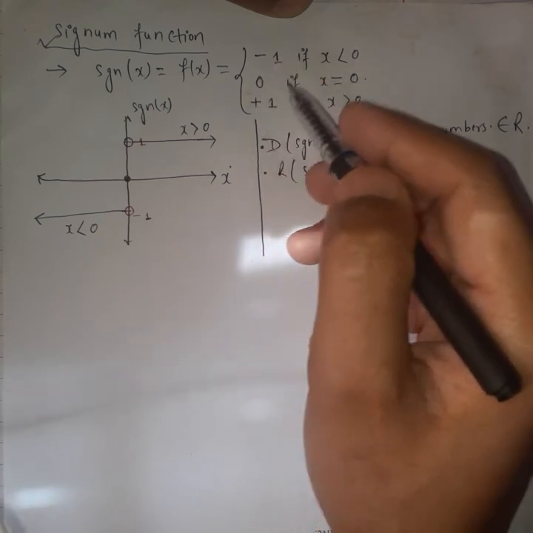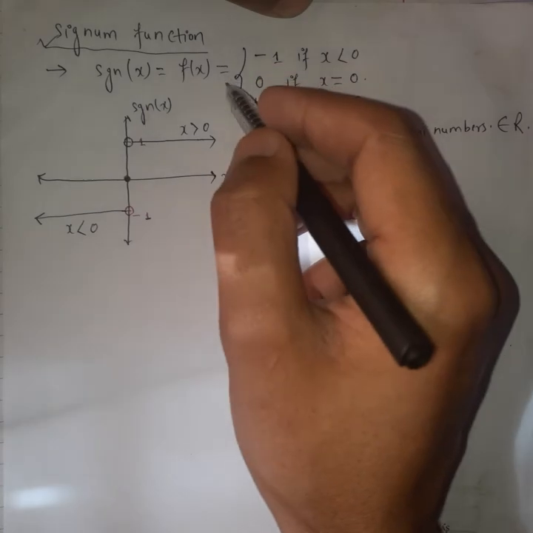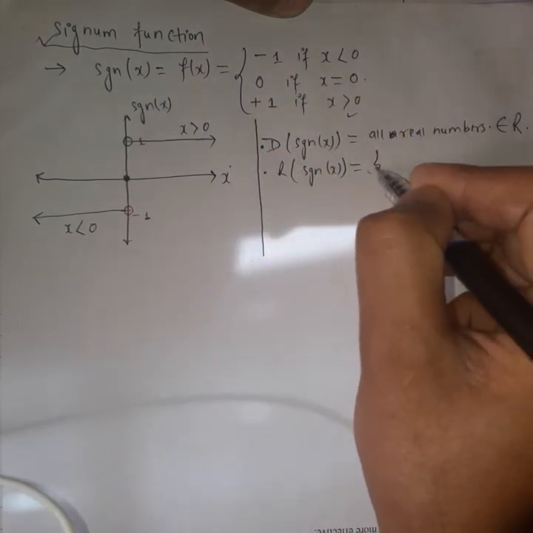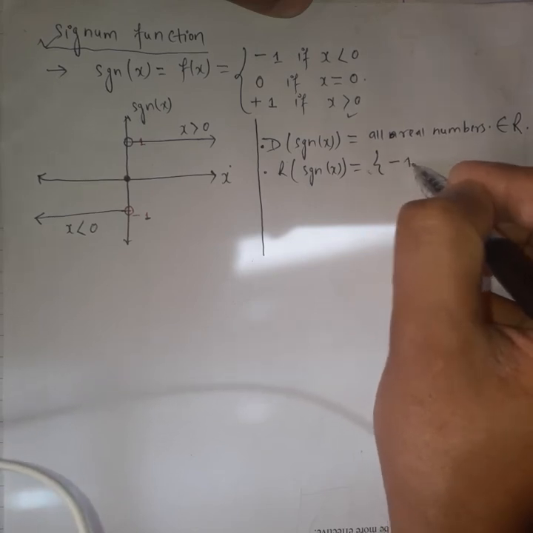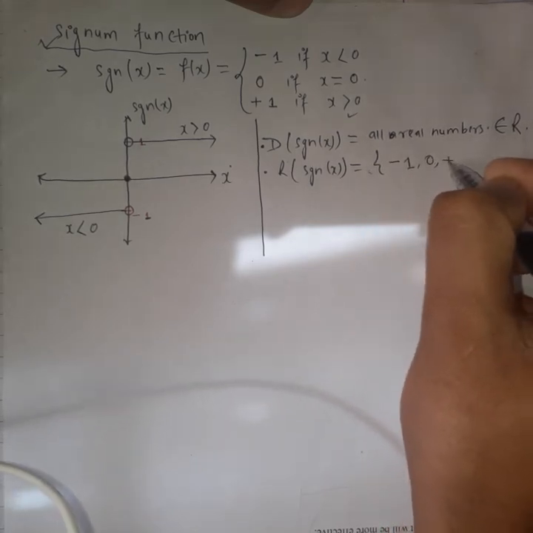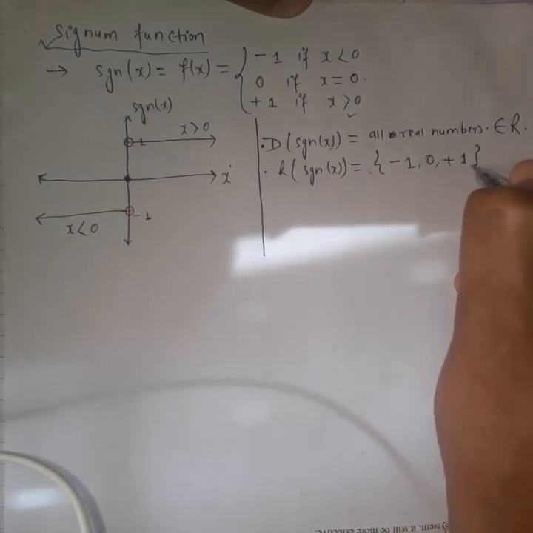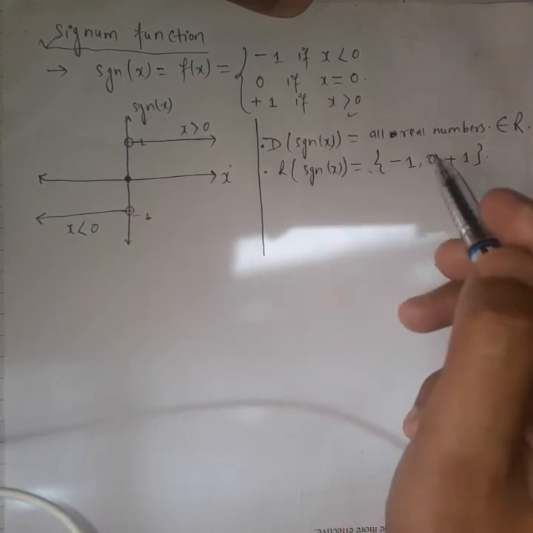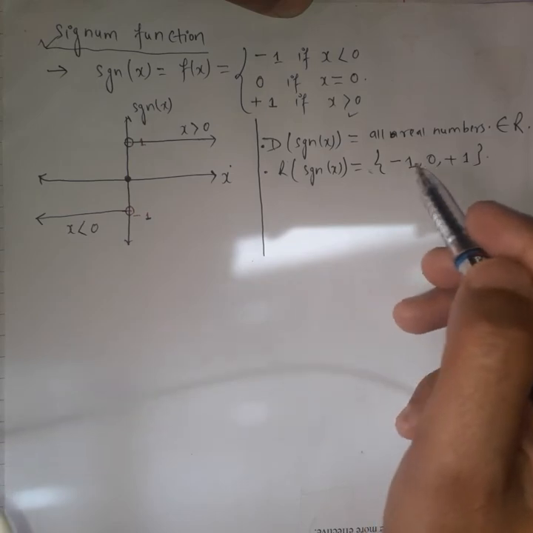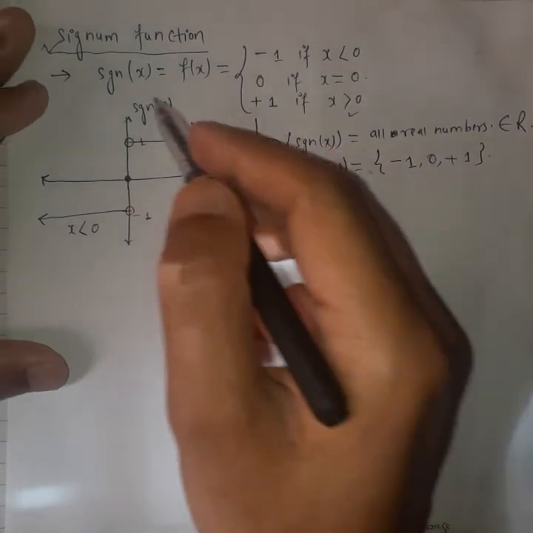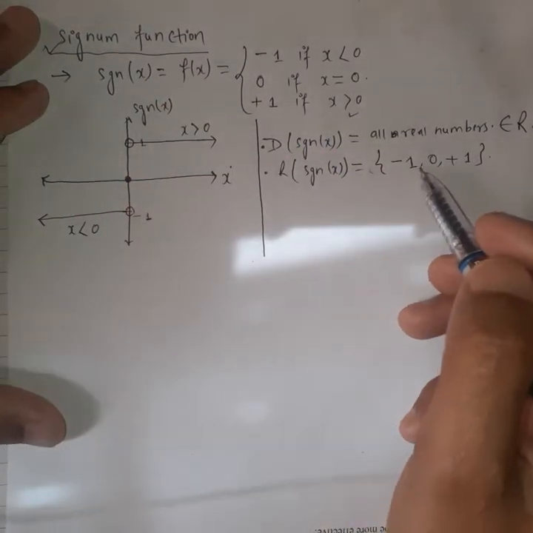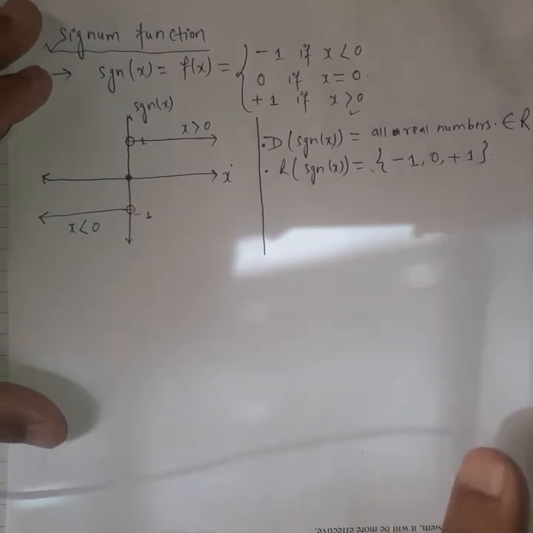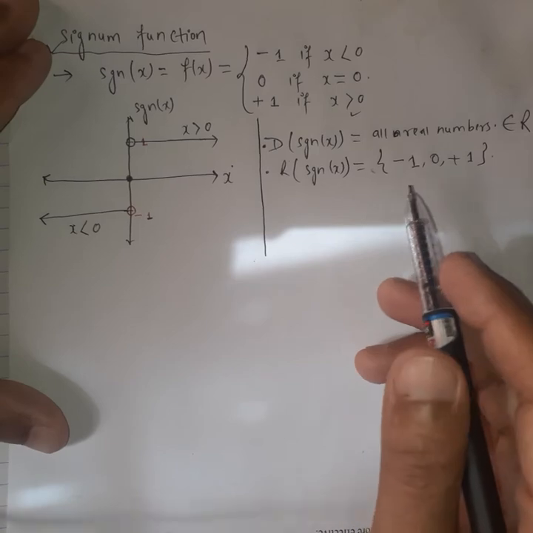So the range of this function, in listing form, will be either -1, 0, or +1. These are the possible values of the signum function.